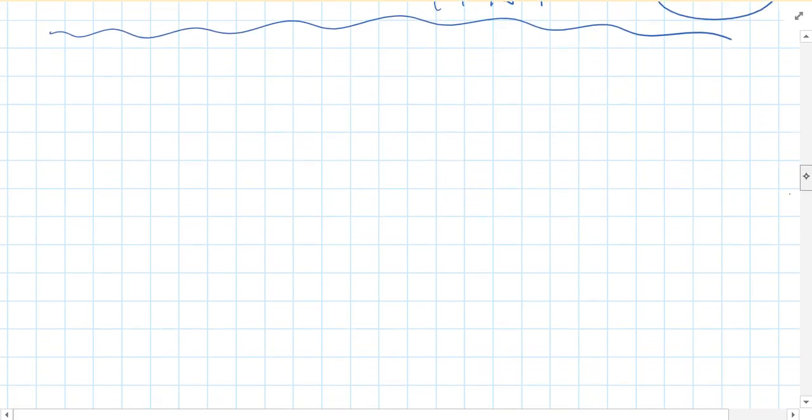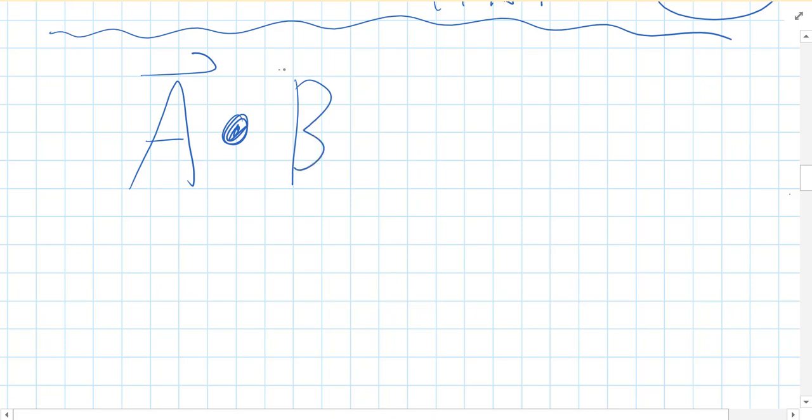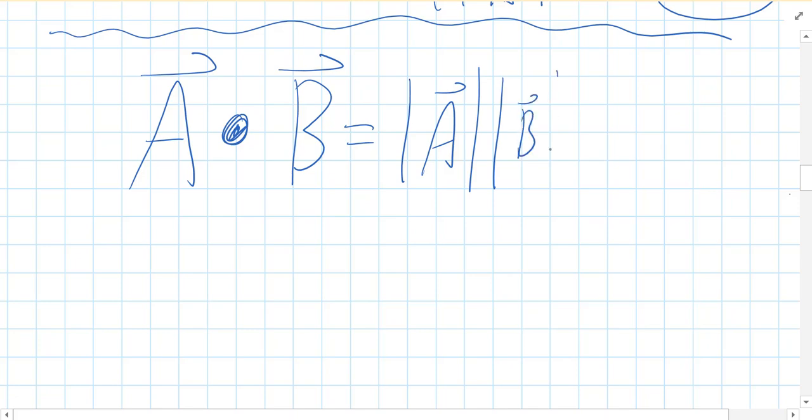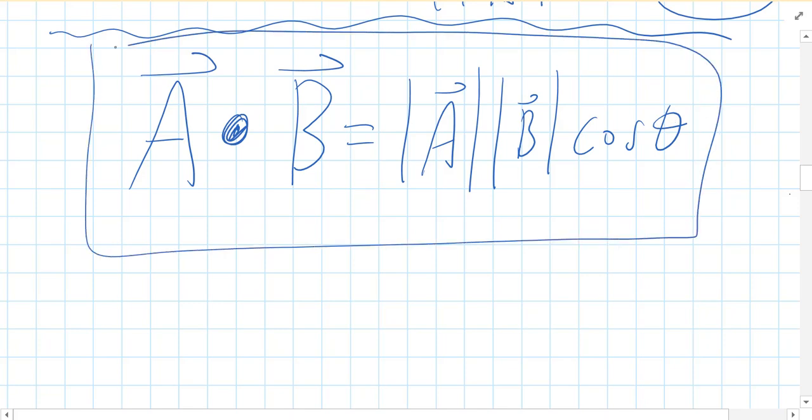Okay. Well, there's a general equation for dot product. If you take the first vector, let's call it A, and you dot product it with the second vector, let's call that B, that equals the magnitude of A times the magnitude of B times cosine of the angle between them. Okay. This is the definition of vector dot product.